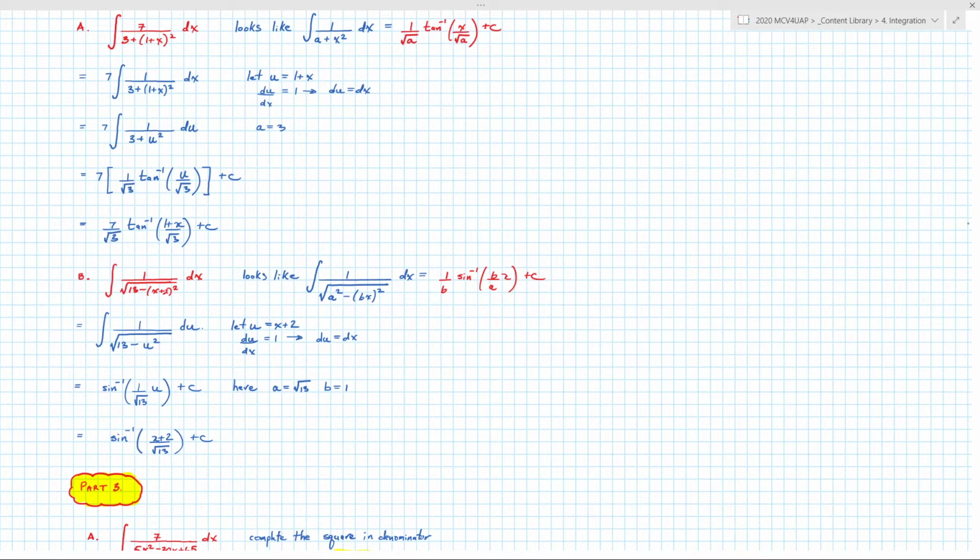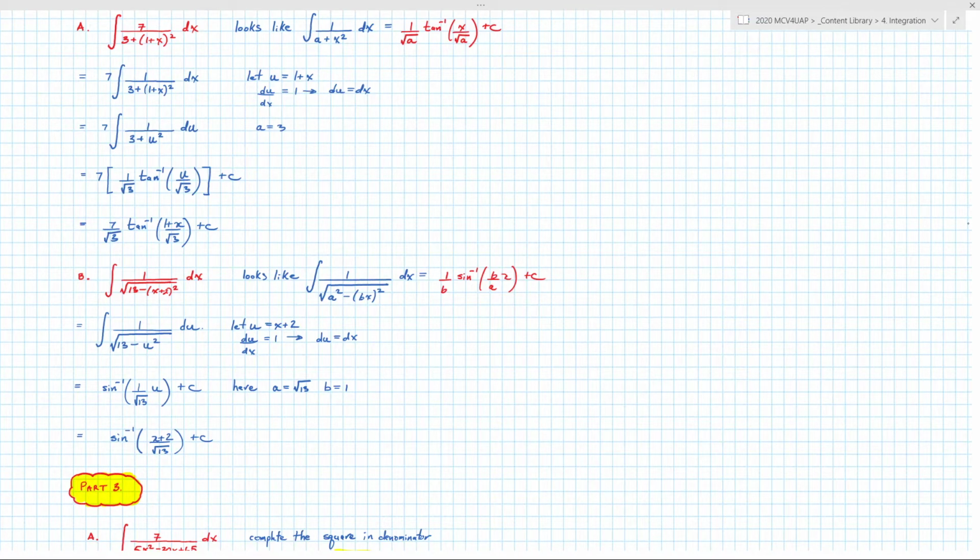So I get sine inverse x plus 2 over square root 13. Okay, so case 2, whenever you have a rational function with a constant in the numerator, we can try and make the integral look like the tan inverse integral or the sine inverse integral.